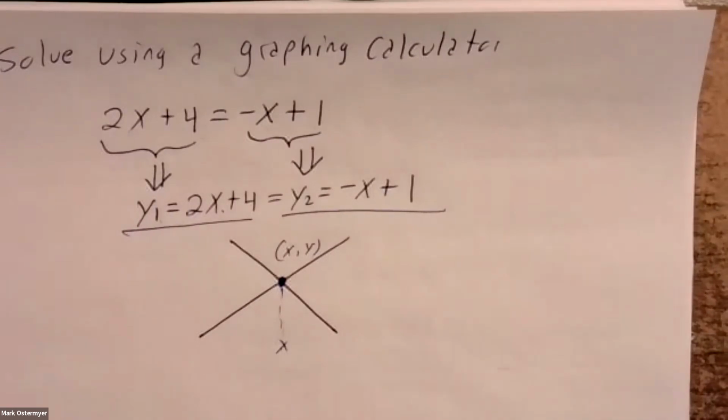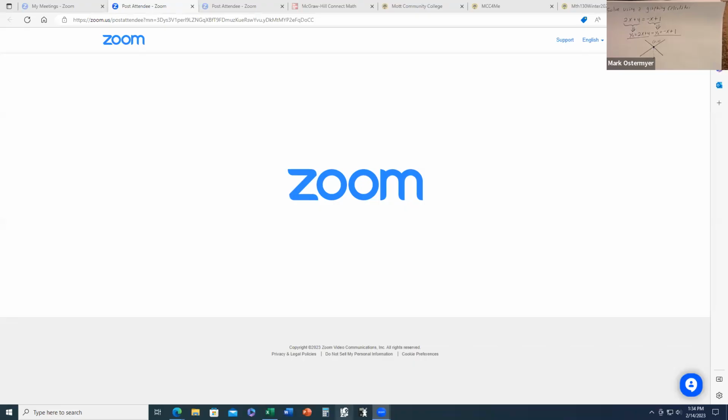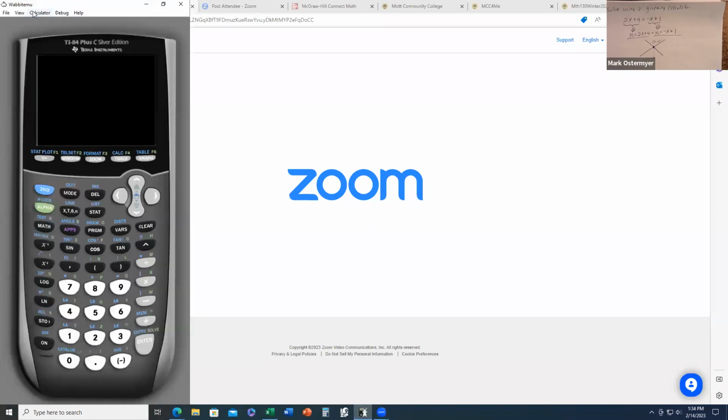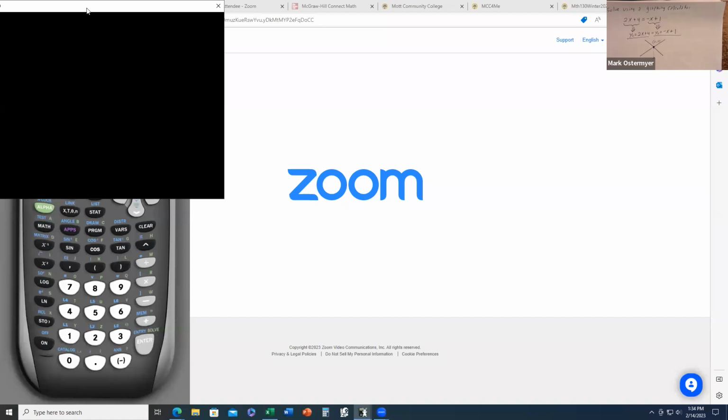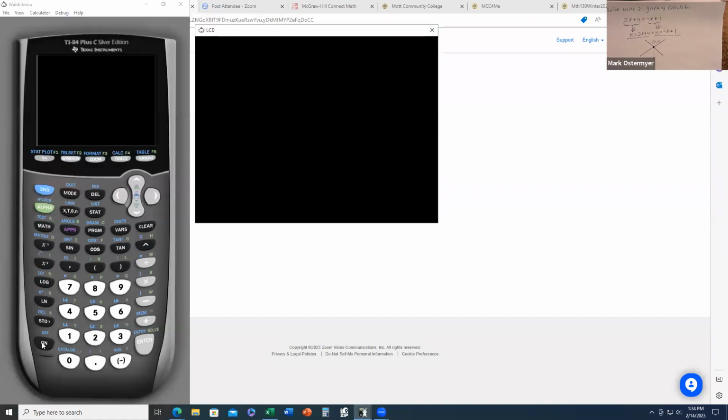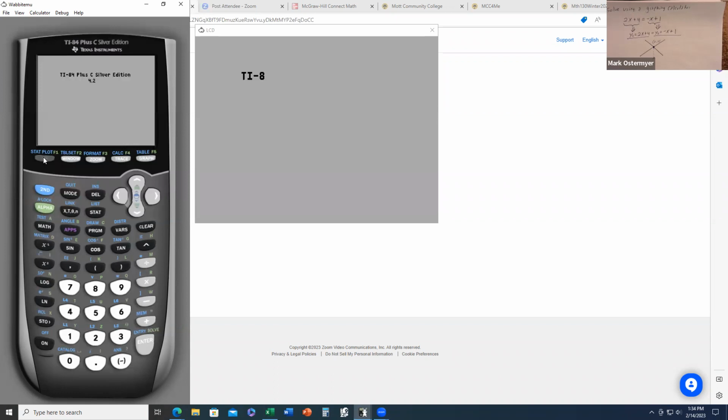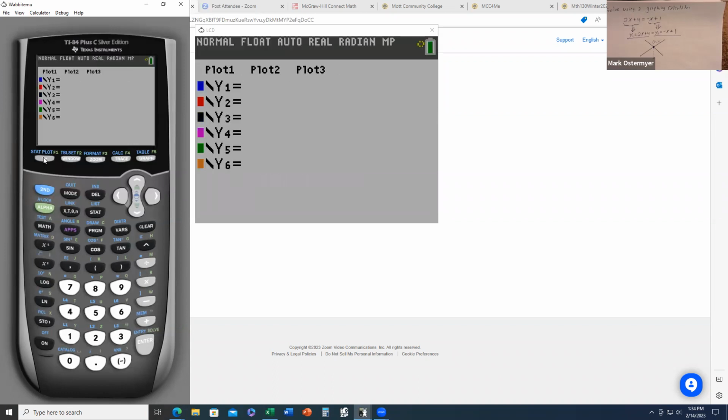So we're going to go to our calculator here. I'm going to hit my on button. That might be helpful. And then go to y equals. And then I'm going to type in the left side of my equation there.